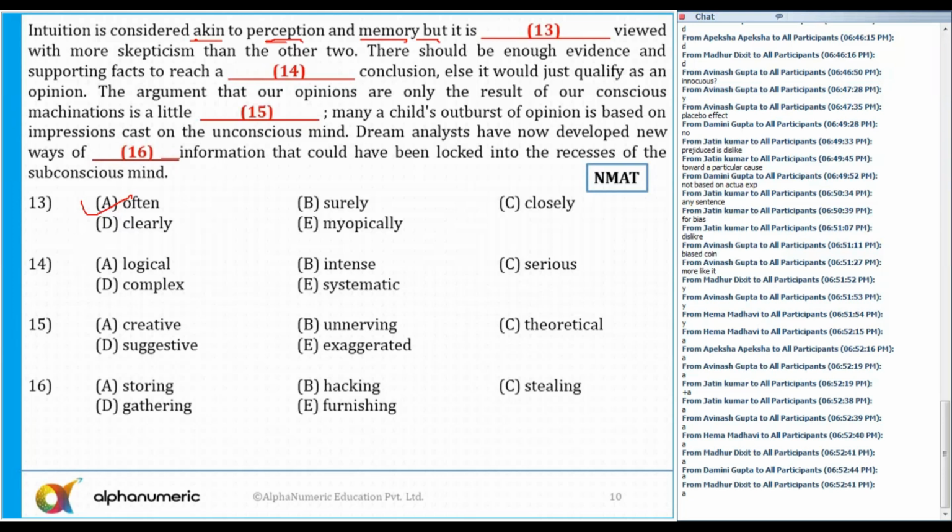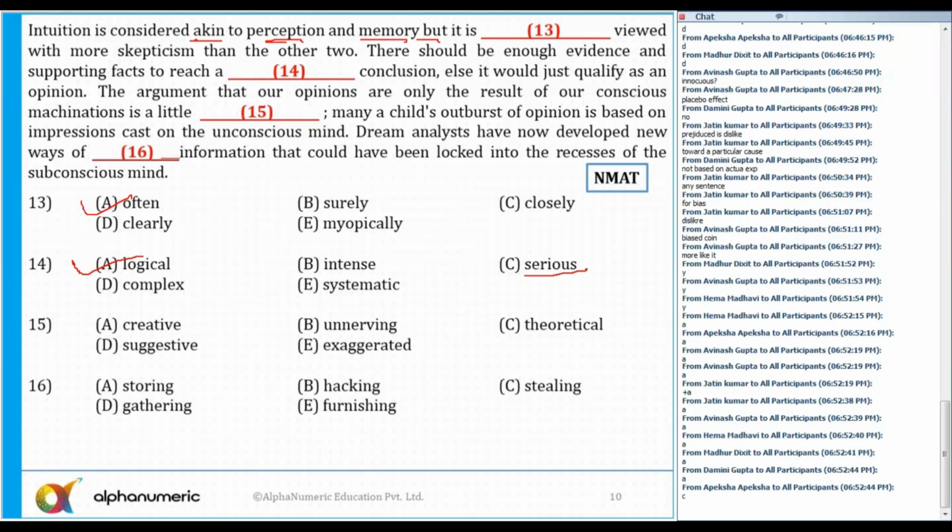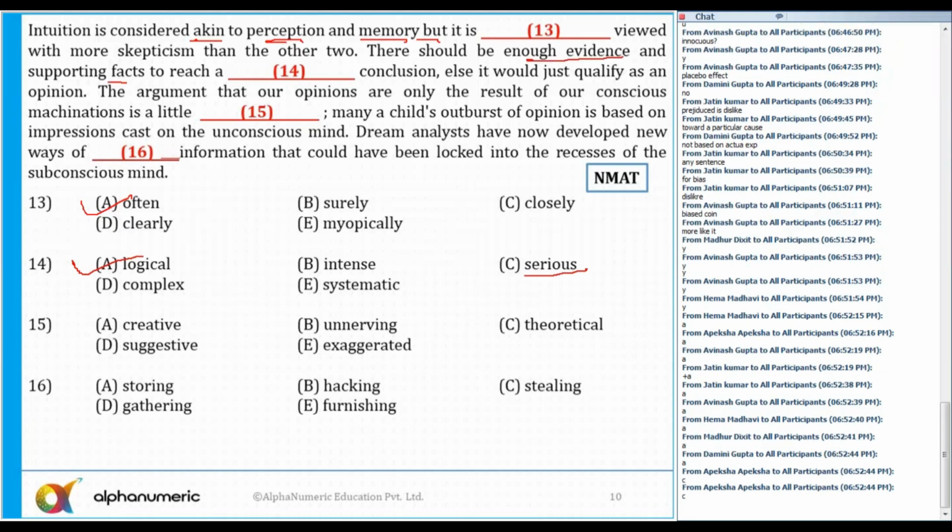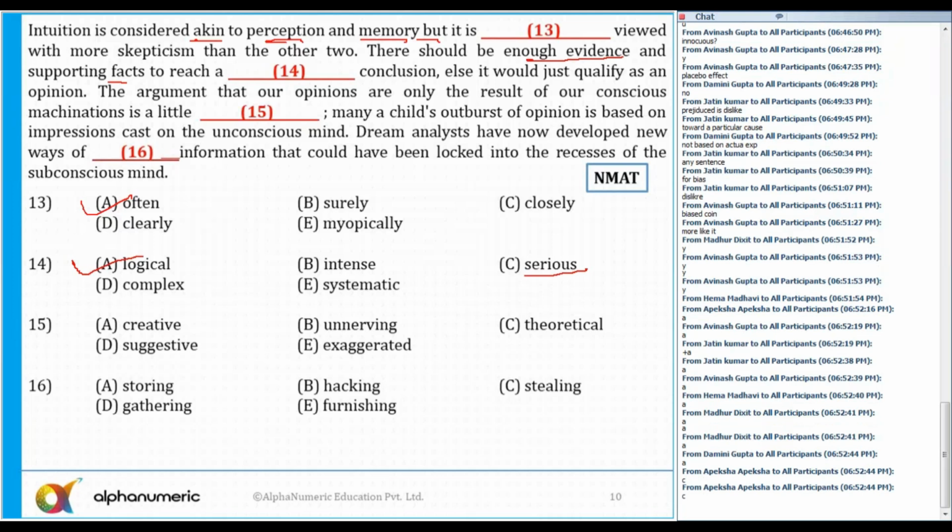Not serious. If you have enough evidence and supporting facts, then your conclusion is going to be logical. How can your conclusion be serious? Your conclusion can be laughable also. I mean, your conclusion can be funny also, Apeksha. But if your conclusion is based on evidence and supporting facts, then your conclusion is logical. Otherwise, it is just an opinion. The argument that our opinions are only the result of our conscious machinations is a little dash.